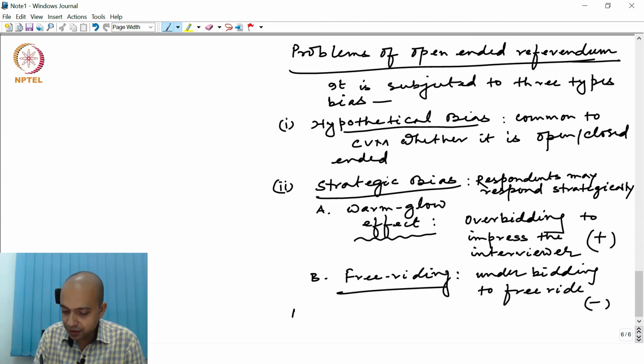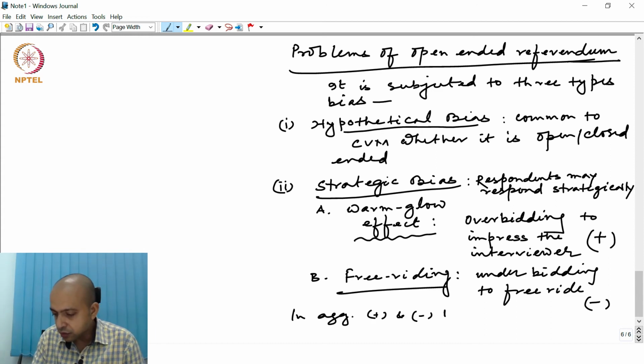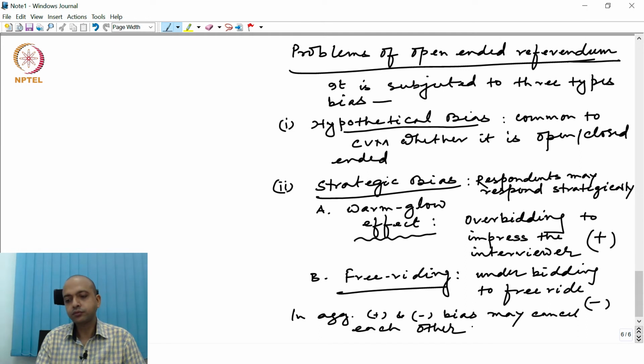So in aggregate, this positive and negative bias may cancel each other. There is a possibility, but we cannot rule out the possibility of strategic bias, which is related to how respondents play strategically with these responses.